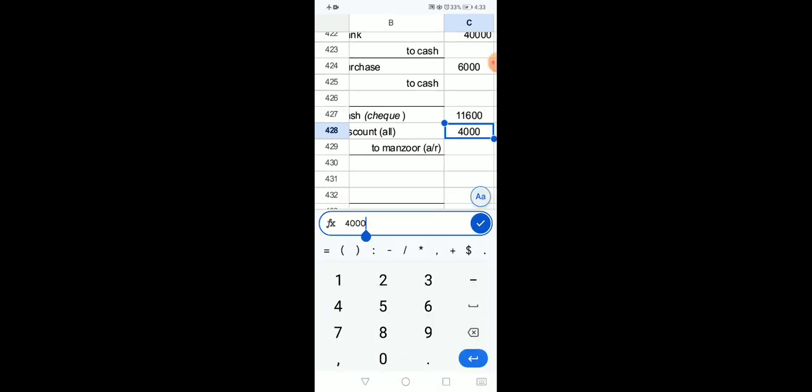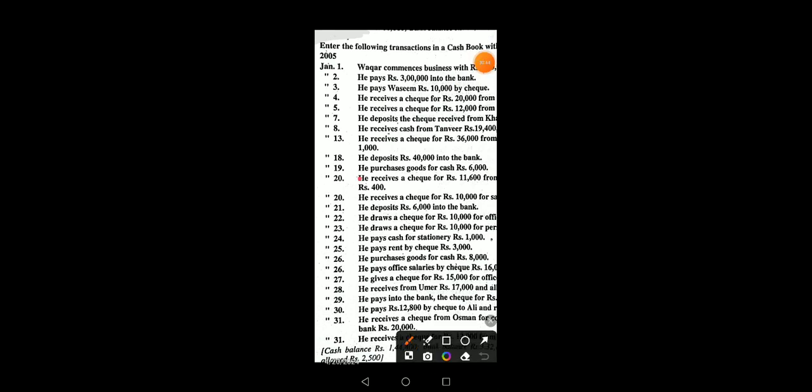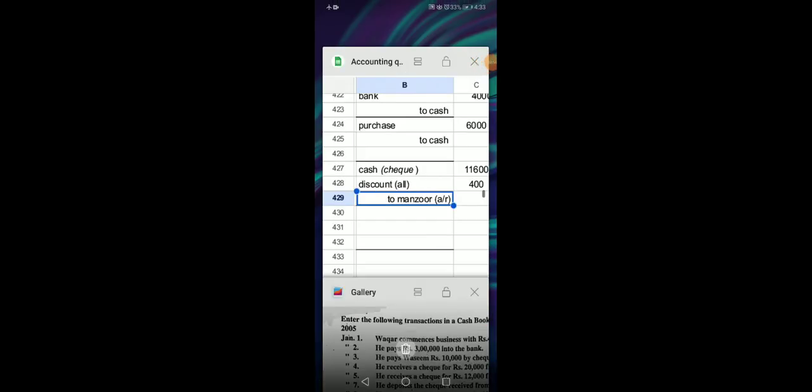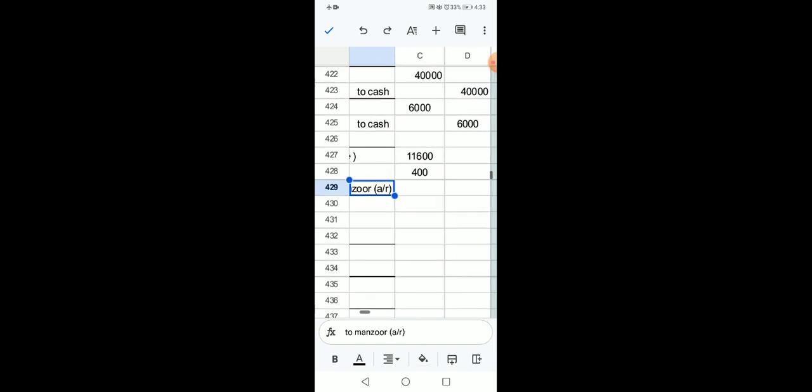But here you have seen the amount of Manzoor is not mentioned in the entry. Entry has been completed. We are doing entry number 20. You can see he received a check 11,600 from Manzoor, allowed him discount of rupees 400. So he is explaining the whole entry, but the amount of Manzoor is not present. So what you will do here, you will use a very simple rule of accounting which says that debit side and credit side would always be equal.